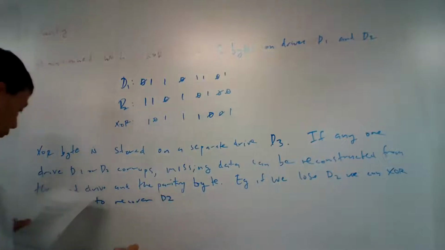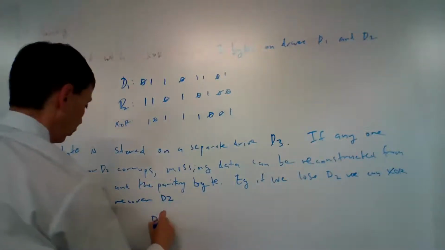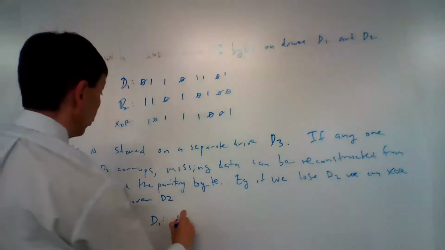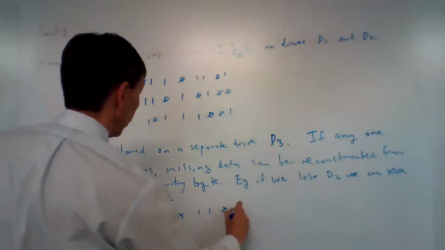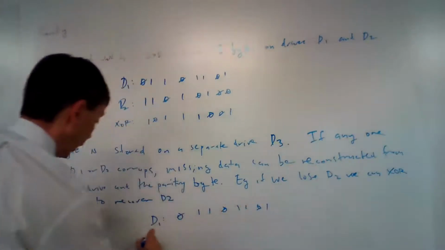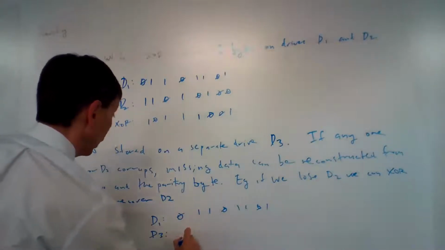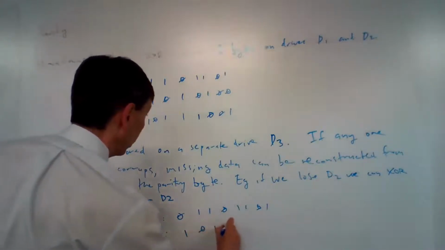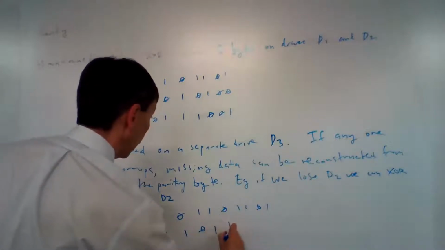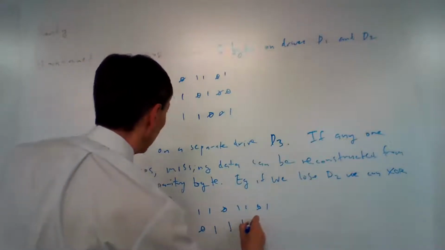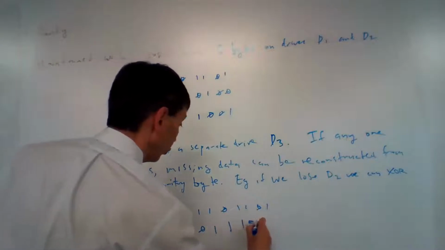D2. So you would do D1, which is 0, 1, 1, 0, 1, 1, 0, 1. And then D3, that's the parity drive, is 1, 0, 1, 1, 1, 0, 0, 1.